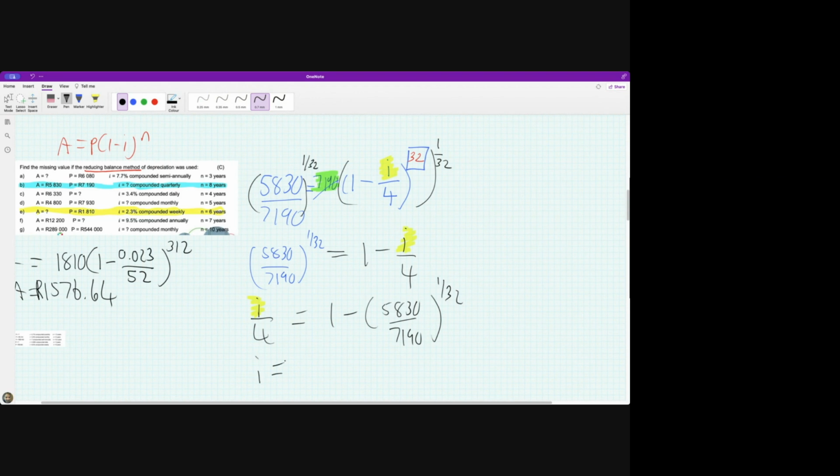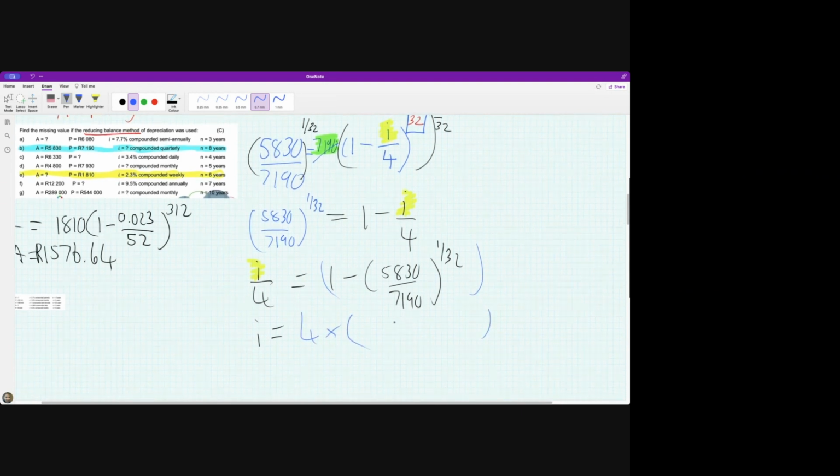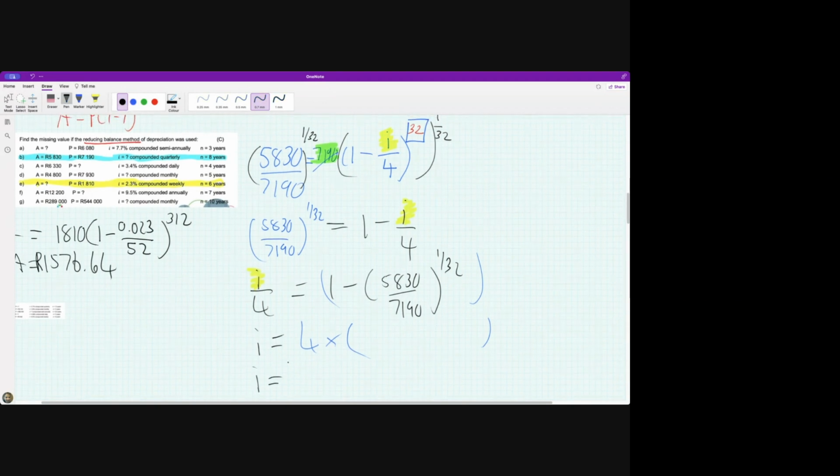And then in the very end, I'm going to have to take whatever that is. So let's just put it in a blue bracket. So we're going to go 4 times whatever is in that blue bracket. What value am I going to get?